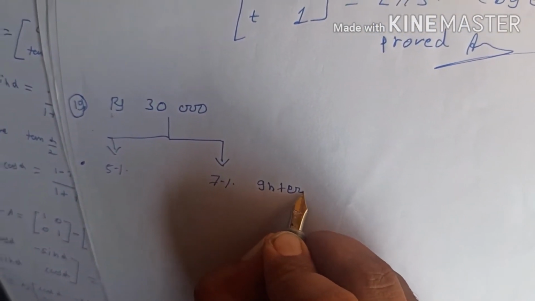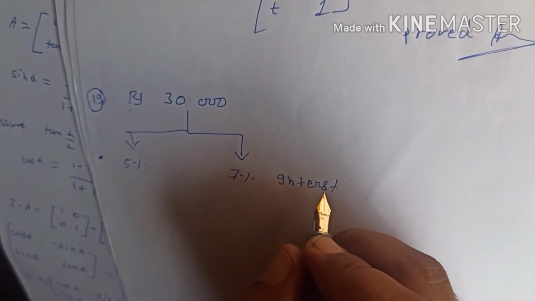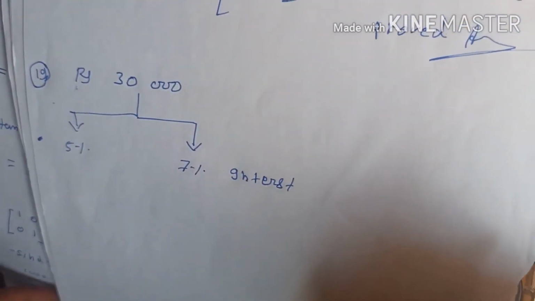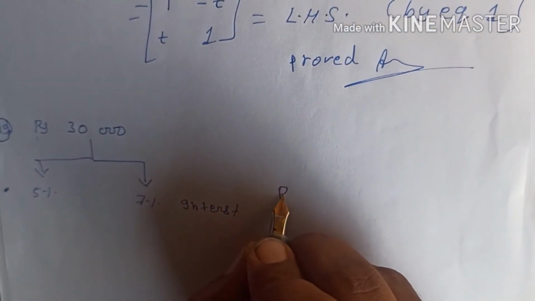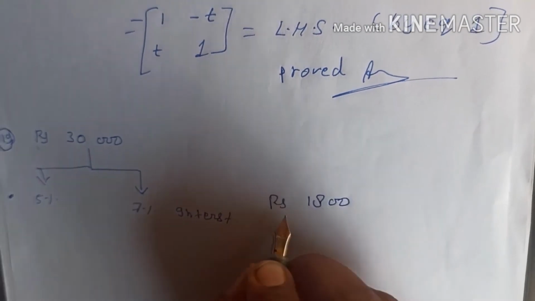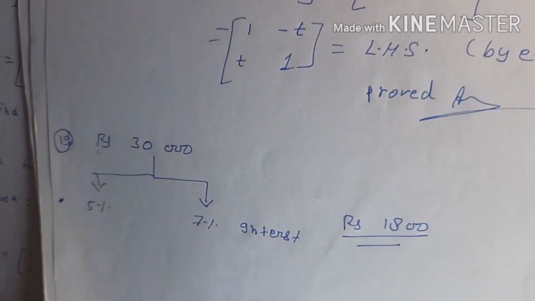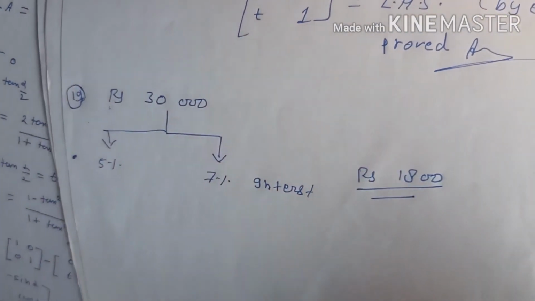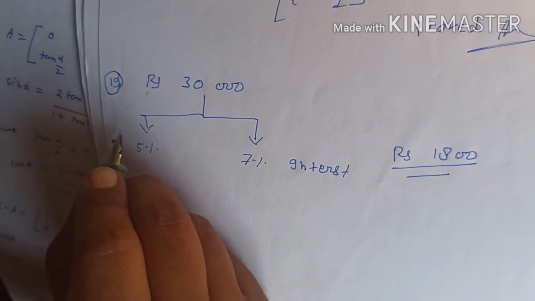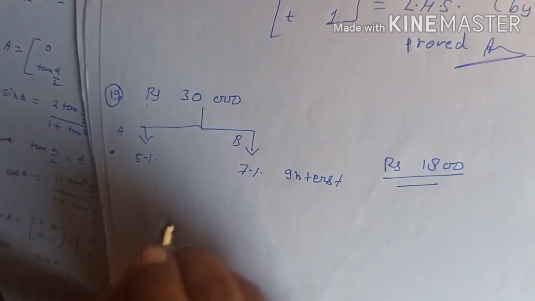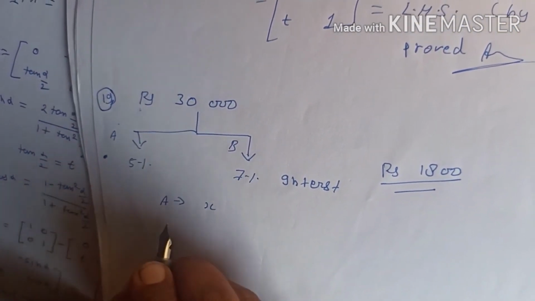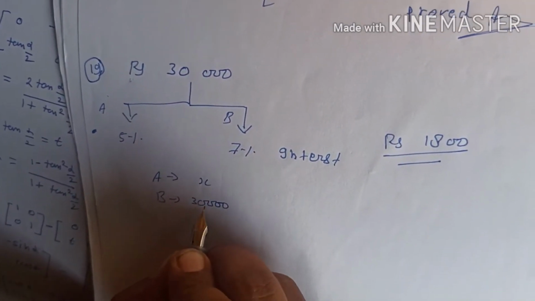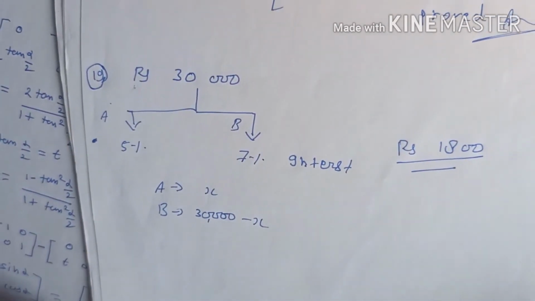And what we have to determine is, in a year we want an interest of 1800 rupees. So in which ratio should this 30,000 be invested? It's very simple. Let this be part A, this be part B. In part A, if I invest X amount, then in part B, 30,000 minus X amount will be invested.